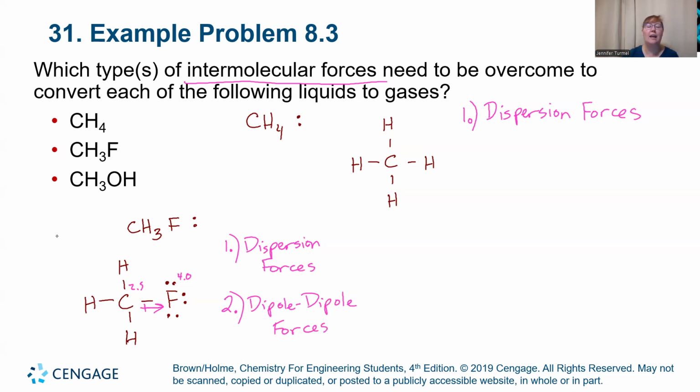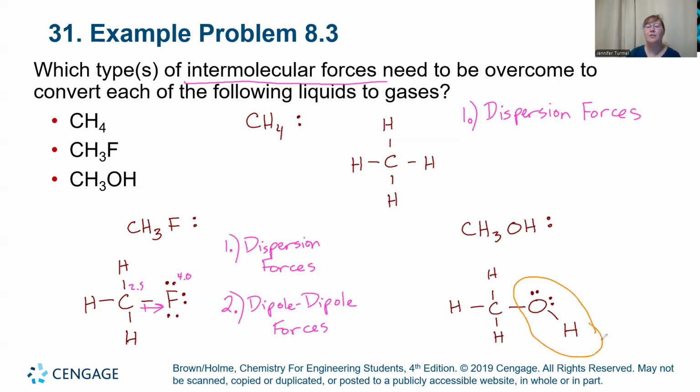Okay, now let's look at our last one here. We have CH3OH. All right, this is our methanol, and it starts with a methyl group here. Okay, and then it attaches to an oxygen, and then it attaches to a hydrogen. Now we have our oxygen attached to our hydrogen right here.